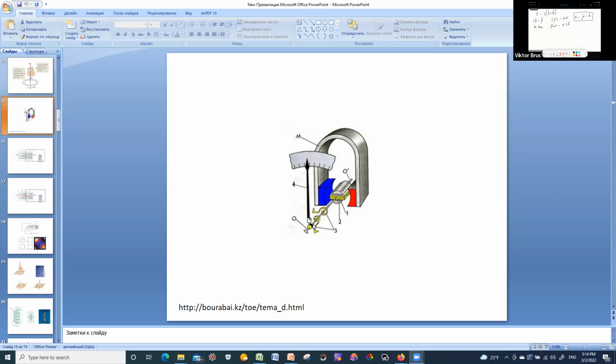Also, this axis is fixed with some springs, which keep the orientation of this arrow in a given initial position, which could be considered, let's say, the zero position when there is no current in the circuit.